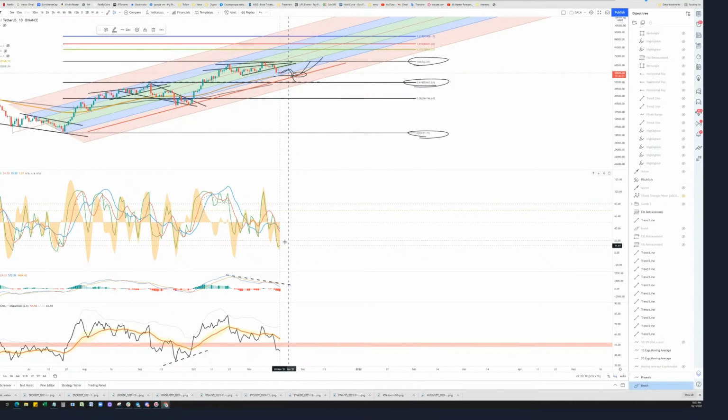So there's not going to be any reversal until this green comes up. And then we want to see this orange also come up. And that will be the first sign that there is a reversal.